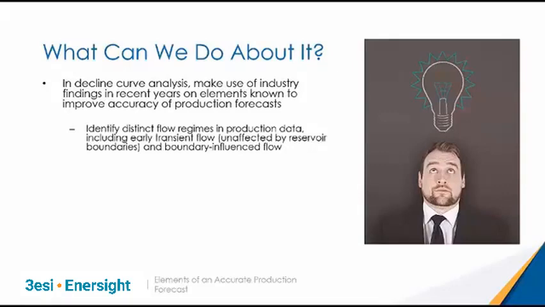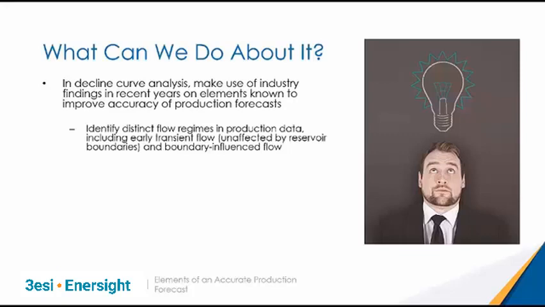Then later, the second really major flow regime is flow that is influenced by the boundary, and the decline models for these different flow regimes will be different. We can't just use, if we want to be accurate, the same decline model for both that early transient flow and then the later flow that's been influenced by the boundary.